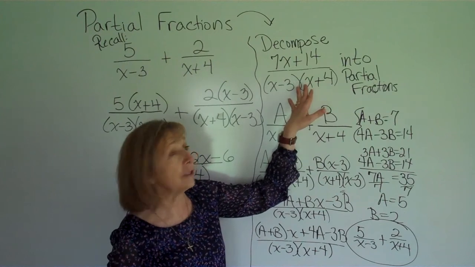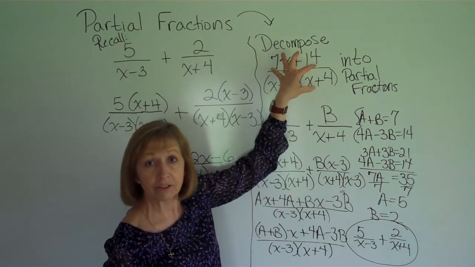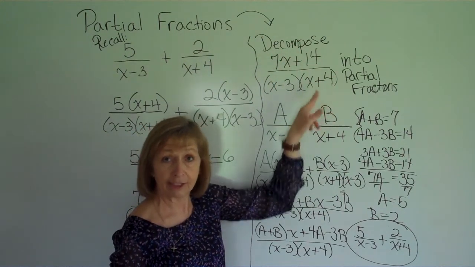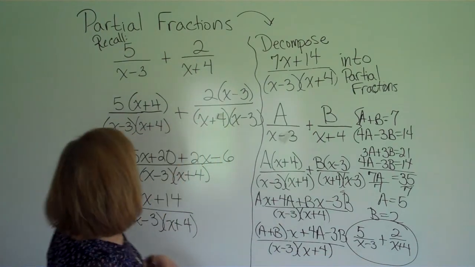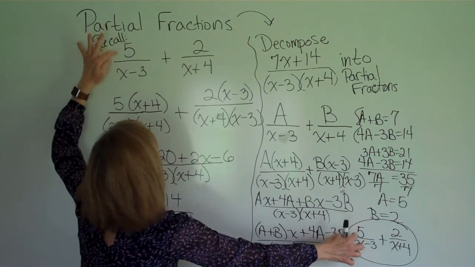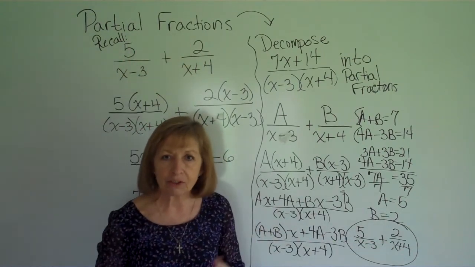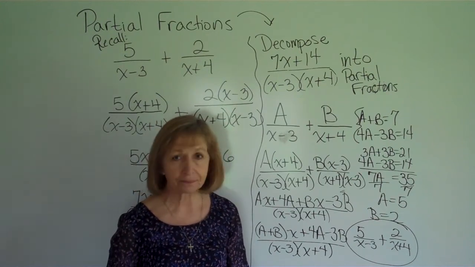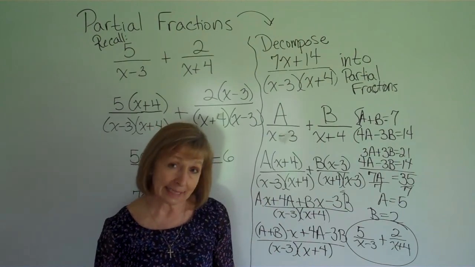It's when they give you the overall solution or the overall sum or difference of fractions, and it asks you to decompose that into partial fractions, that you go this way with it. But just looking back, we see over here 5 over x minus 3 plus 2 over x plus 4. We did get back what we started with when we added them together. Okay, now we're going to go through and look at some other examples.